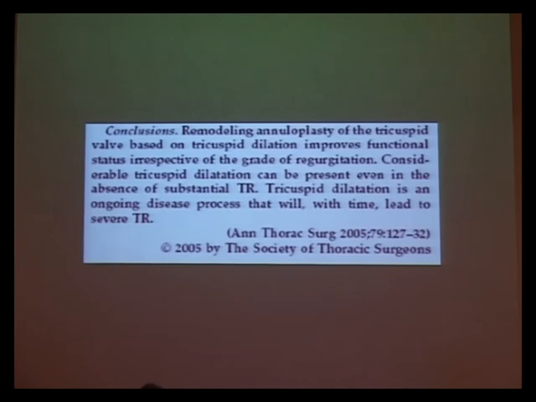Remodeling annuloplasty of the tricuspid valve based on tricuspid dilatation improves functional status, irrespective of grade of regurgitation. According to this paper, according to Dreyfus, we have to perform tricuspid valve surgery in all concomitant tricuspid regurgitation.